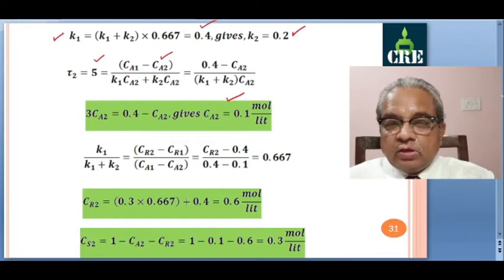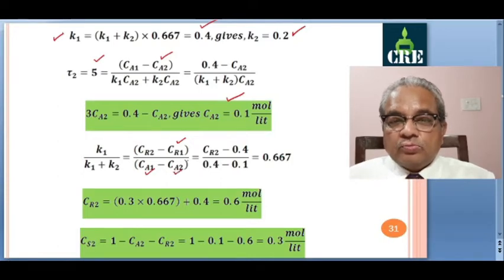Now we know these values: Cr1, Ca1, Ca2. Ca2 is determined. Now we are trying to determine Cr2, so only Cr2 is unknown. This ratio you know, 0.667.